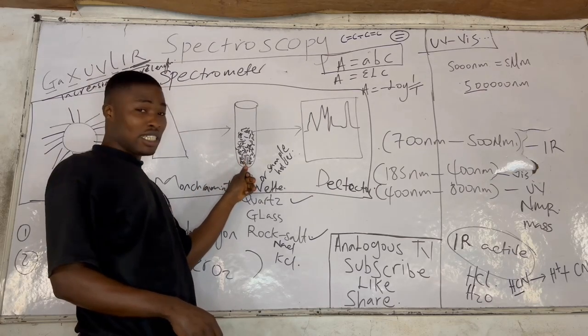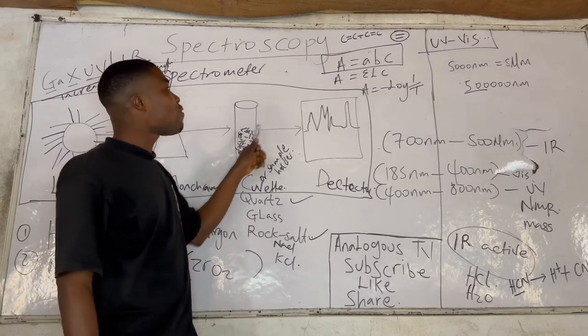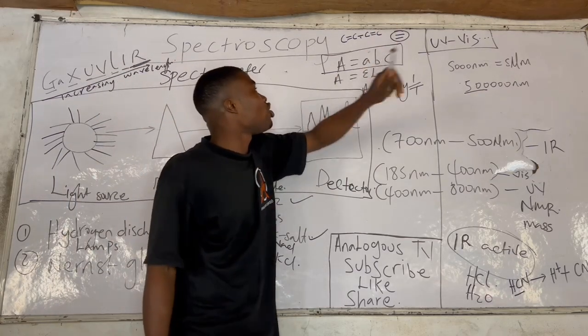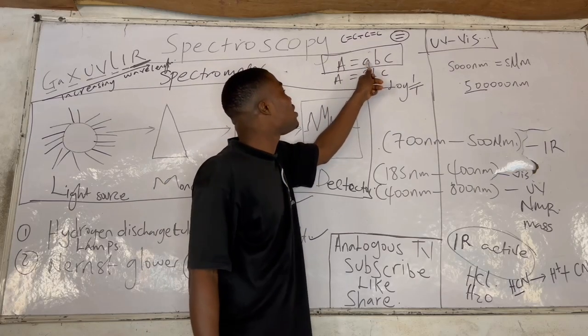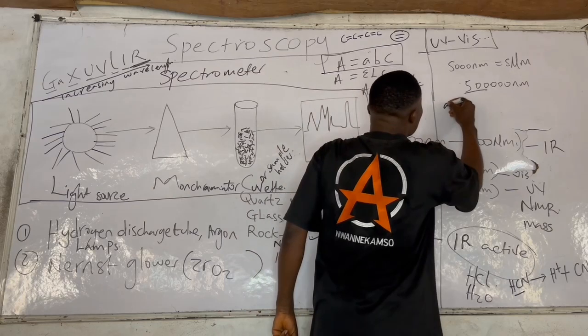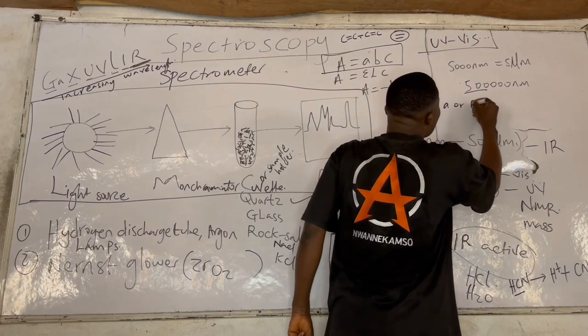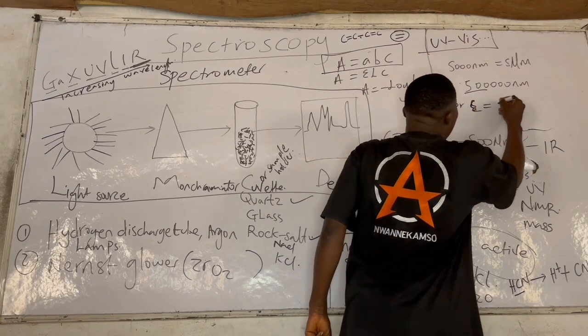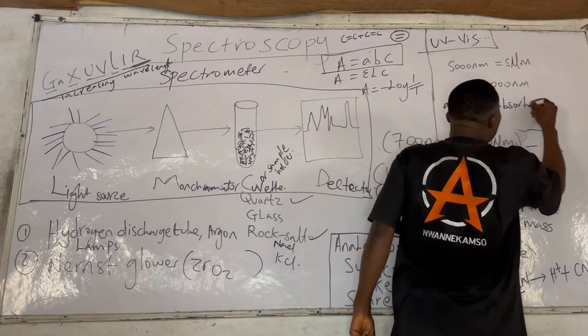remember the light is absorbed by the sample, is directly proportional or equal to the absorptivity. This absorptivity, small a or epsilon, is a constant.